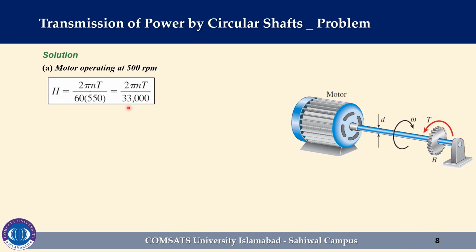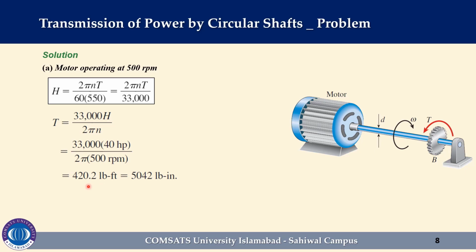Now rearrange this equation for torque: T = 33,000 H over 2πn. Horsepower H and speed of rotation n are given in the statement: 40 horsepower and 500 rpm respectively. By putting these values, we can easily determine the torque, which will be 420.2 pound-feet or 5042 pound-inch. This torque is transmitted by the shaft from the motor to the gear.